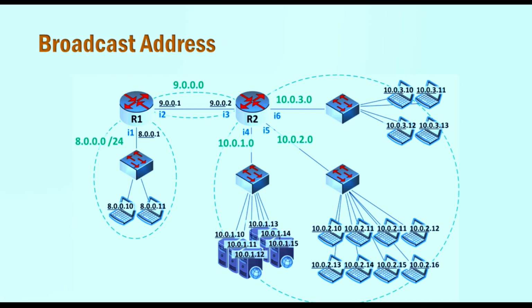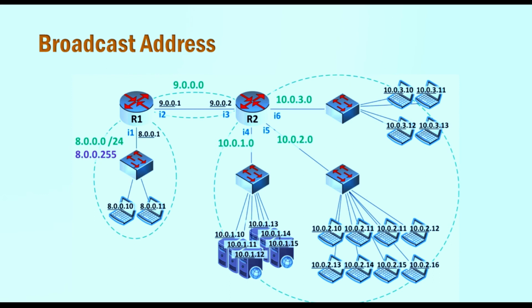So how do we figure out what's the broadcast address there? Well, we simply take the host portion and turn it into ones in binary format. In decimal format, when we have 8 consecutive ones, that's 255.